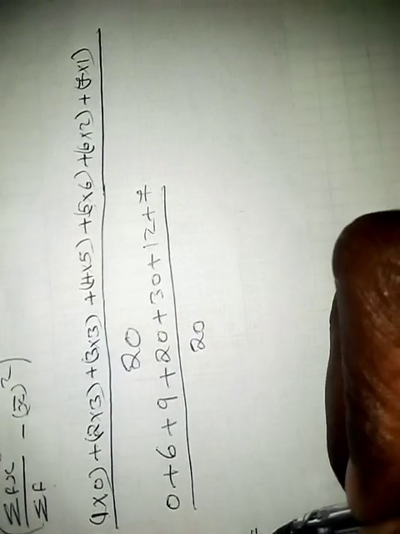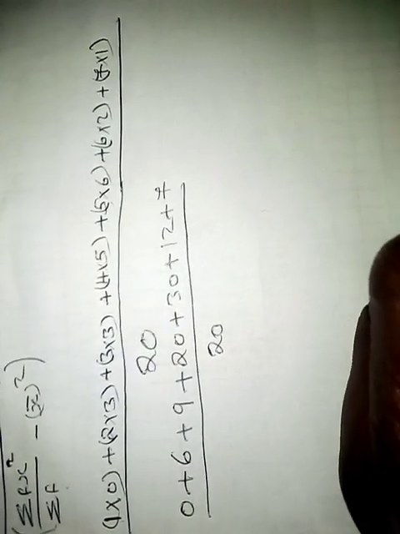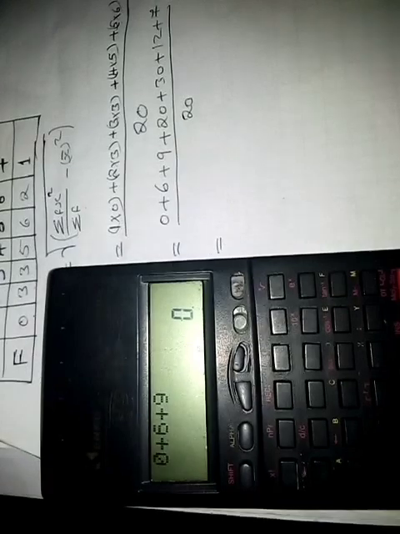If you simplify this, you get your calculator, and you're going to have 0 plus 6 plus 9 plus 20.